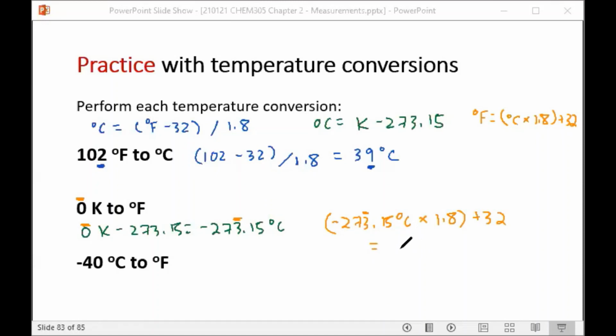And I get negative 460 after I round to the ones place. Let me just try that again to see what I got before rounding so you can follow along.